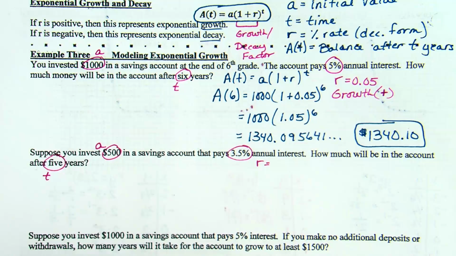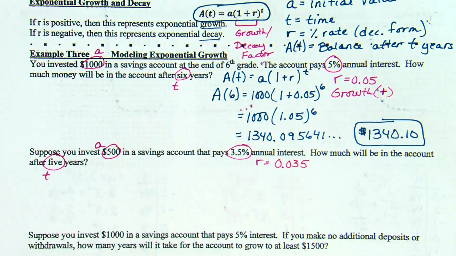What do we use for R here? 1 plus... Well, just for R, what is our R value? 0.035. Right, we need 3.5% as a decimal, which means you move your decimal 2 places left, and it is 0.035, correct? So set up your equation.